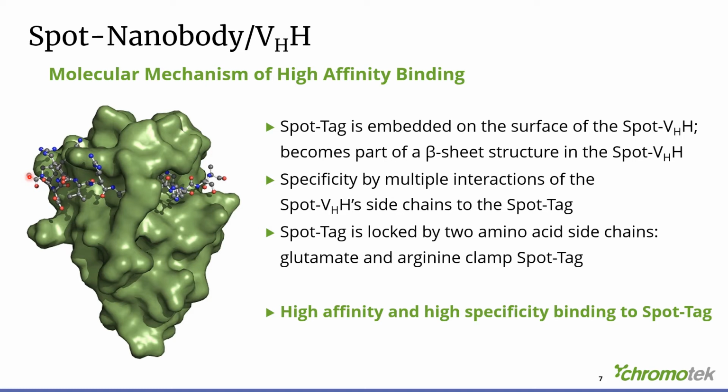And finally, the Spot-Tag is locked by two amino acid side chains. There is a glutamate and an arginine side chain that actually clamp the Spot-Tag to the Spot-Nanobody. As a result, you have a high affinity and high specificity binding of the Spot-Nanobody to Spot-Tag.